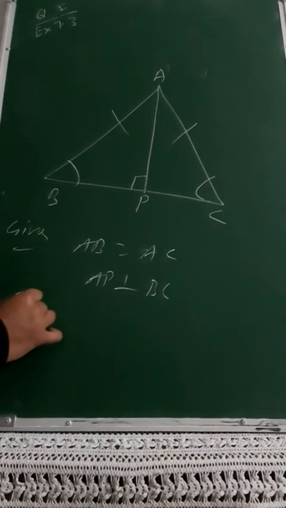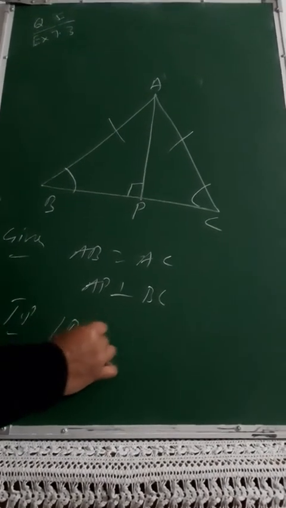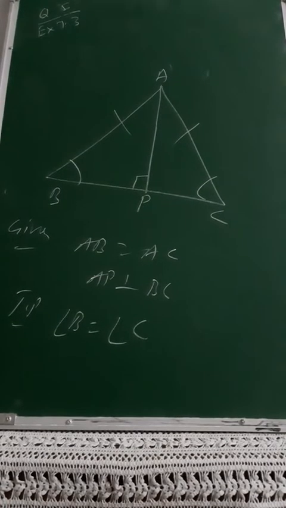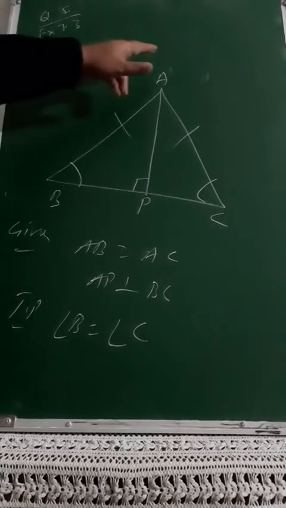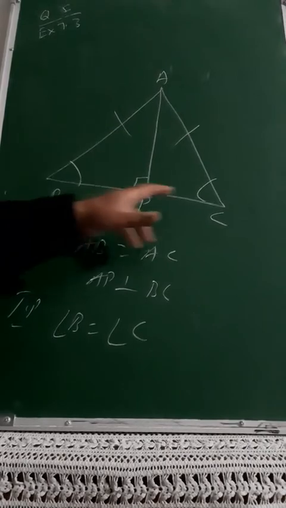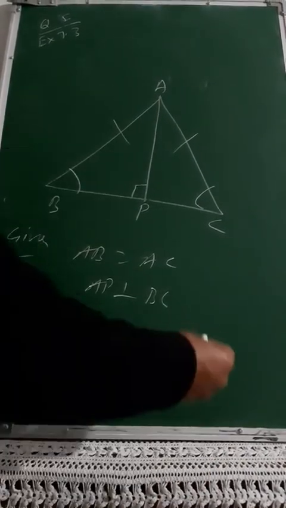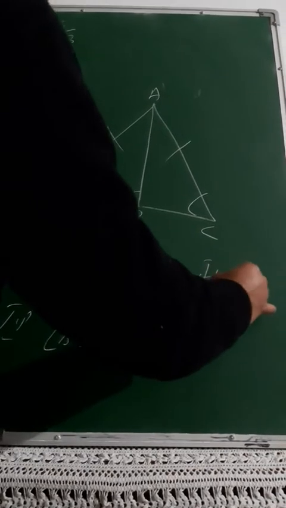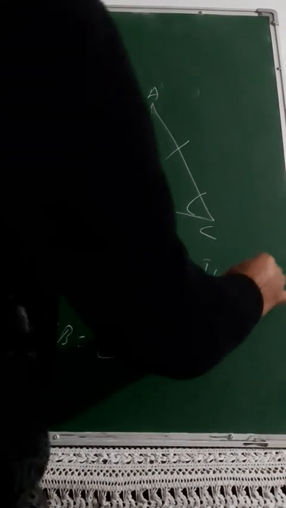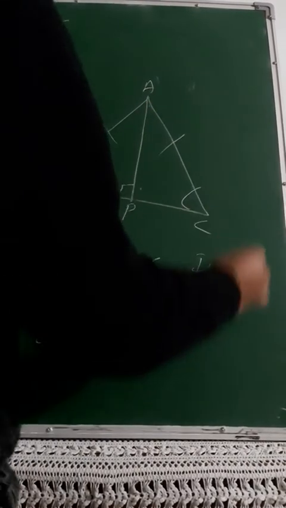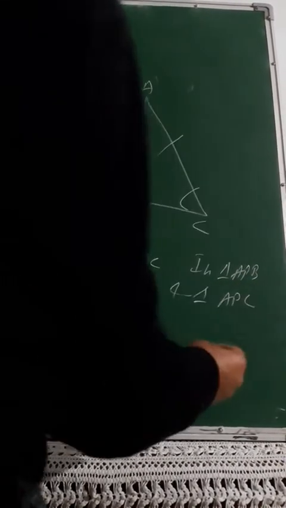So to prove angle B is equal to angle C, we have done this question already. You see, I don't think any difficulty should be there to write triangle APB is congruent to triangle APC by RHS. Why? AP is equal to AP in triangle APB and triangle APC. What is there?